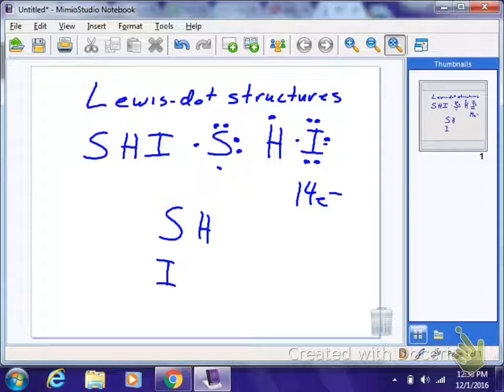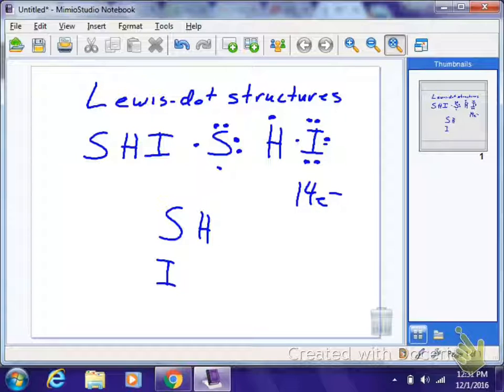Now number 4, we're going to place a pair of electrons in between the central atom and the outer branched atom. So guys, underneath number 3, you could just go ahead and continue to build on your structure, because under number 3 is probably where you put this structure. So what we're going to do, the atoms on the outside of the central atom are called branched atoms.